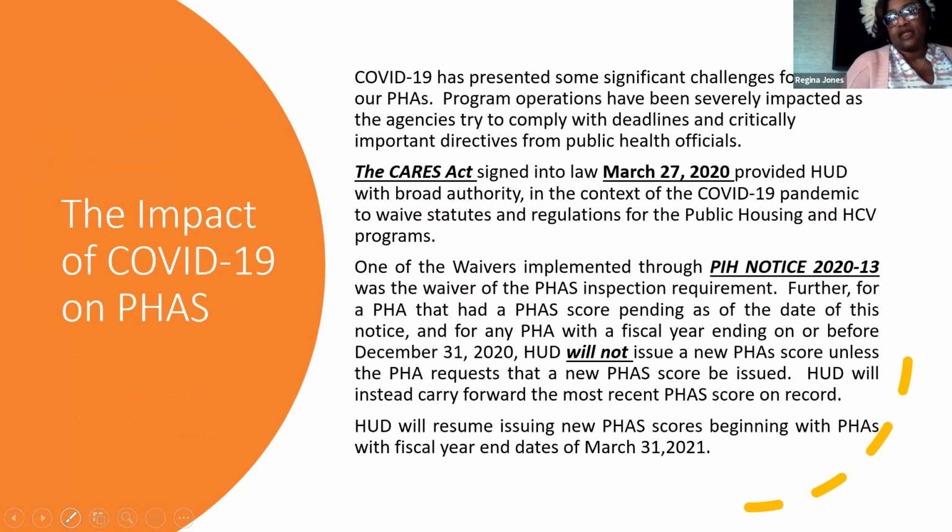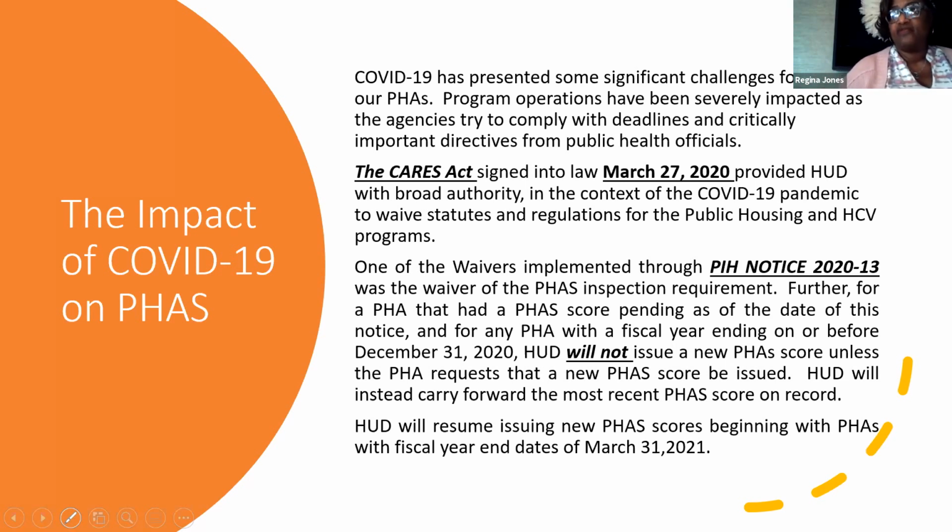But under the CARES Act, which was signed into law in March of this year, it provided HUD with some broad authority in the context of the COVID-19 pandemic to waive statutes and regulations for our public housing authorities and HCV programs. One of the waivers that was implemented through PIH Notice 2020-13 was the waiver of the PHAS inspection requirement.